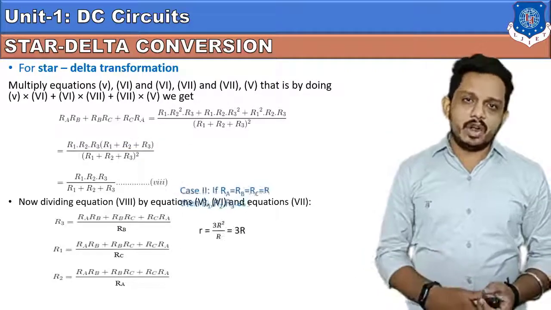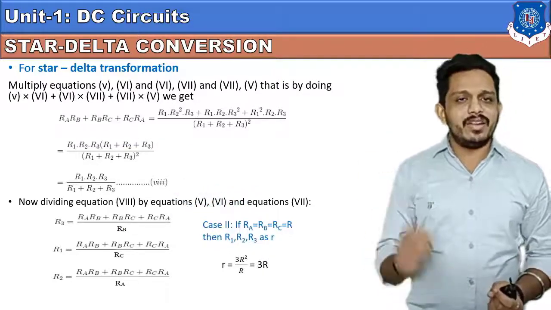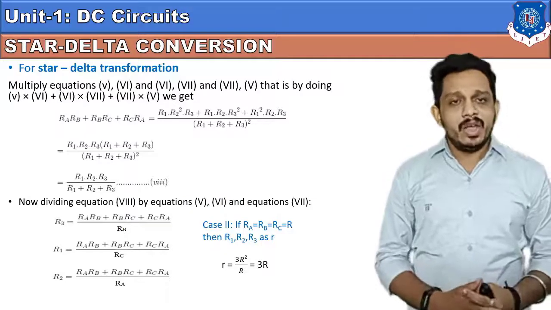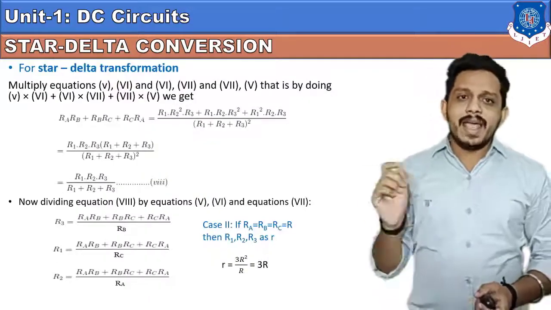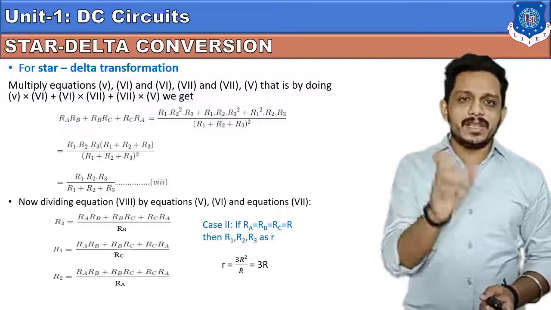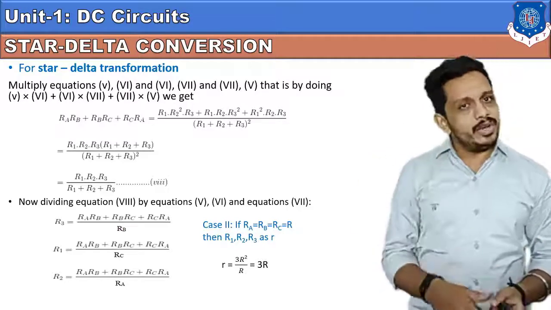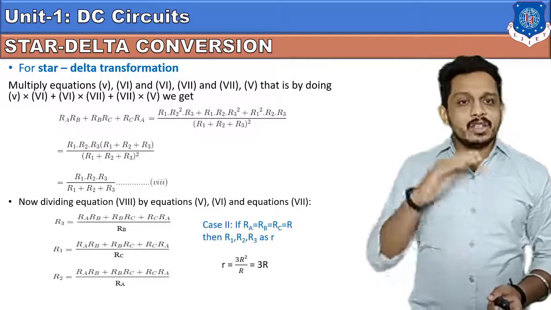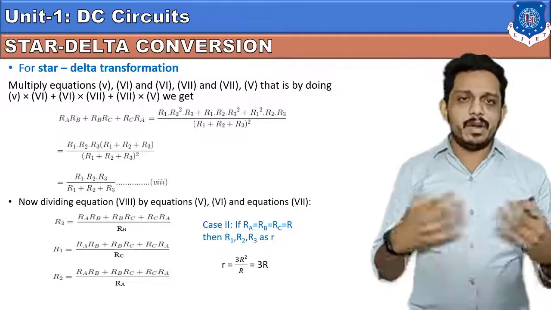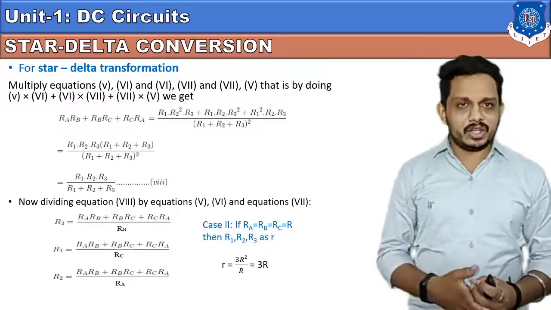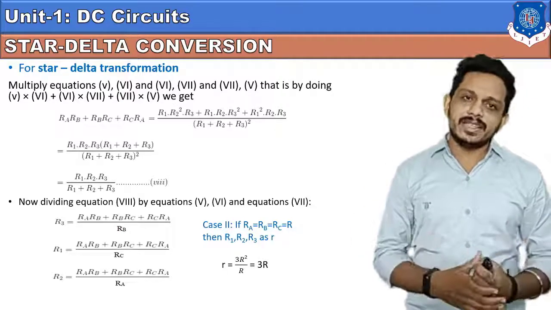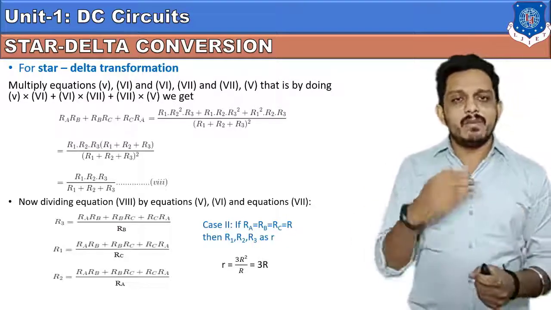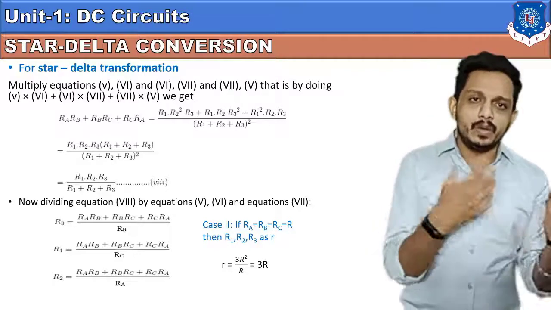In this case also, if our star connected resistances have the same value, then what will be the delta connected resistance value? It will be R into R, that is R square plus R square plus R square, so it will be 3R square, divided by R. So R will be cancelled out and it will be 3R. So if in star connection all three resistors have the same value, then in the delta connection multiplication by 3 should be done.